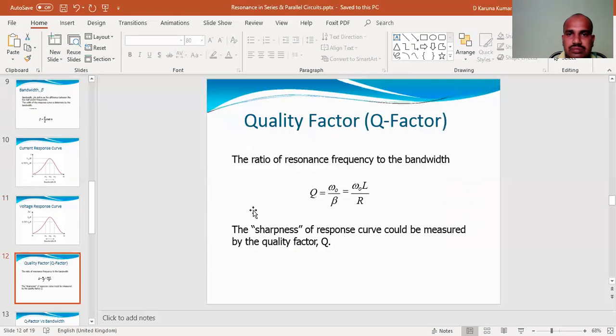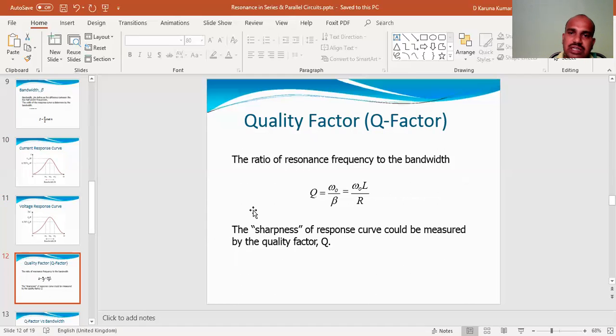Next one is quality factor. Resonance is the condition in which the reactance is equal to zero. The resonant frequency is the frequency at which resonance occurs, f naught equal to 1 by 2 pi root LC, and bandwidth is the difference between the two half power frequencies.